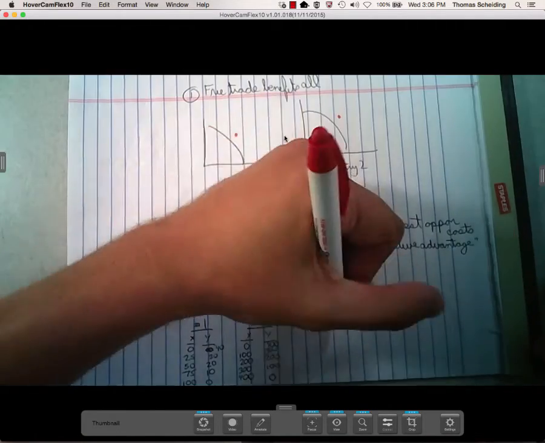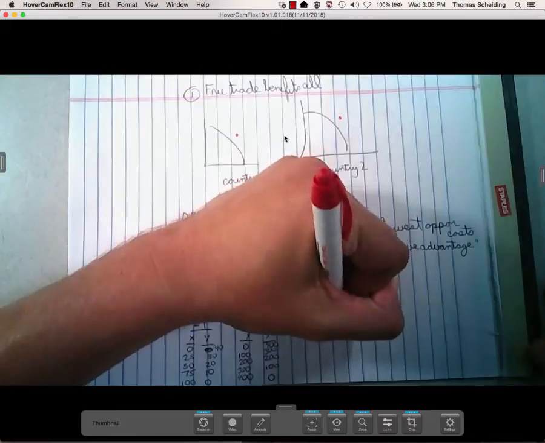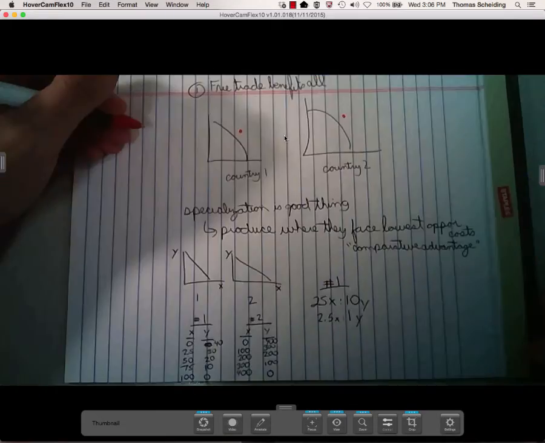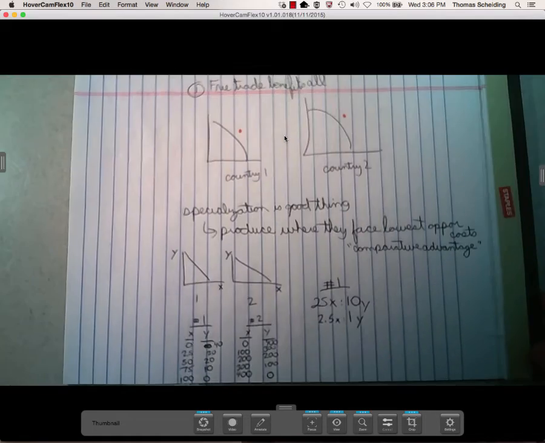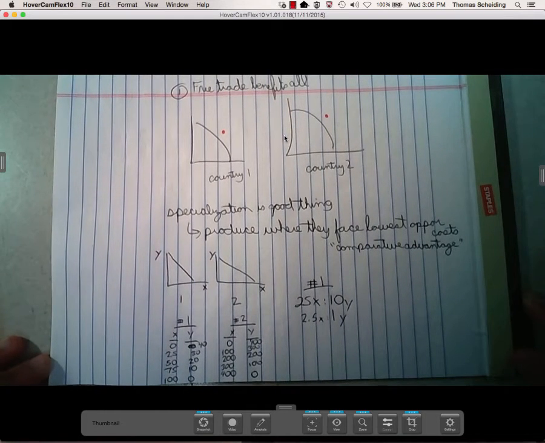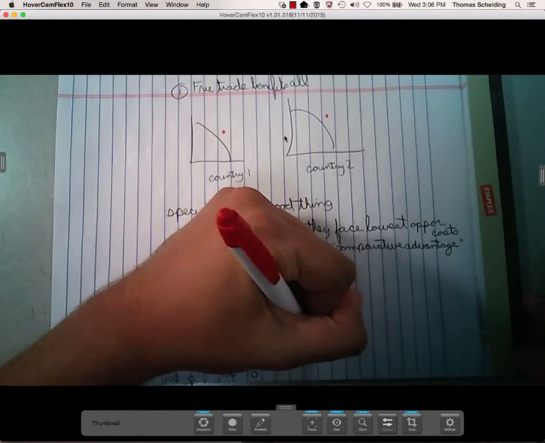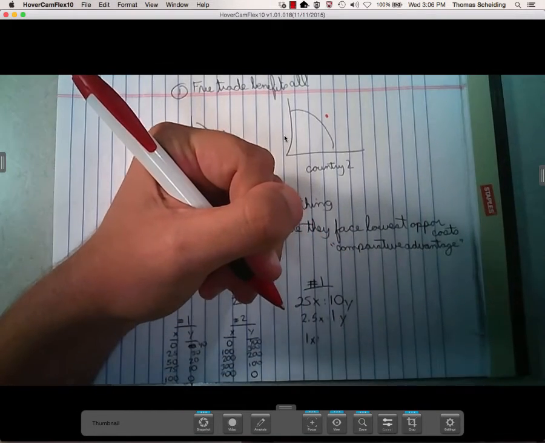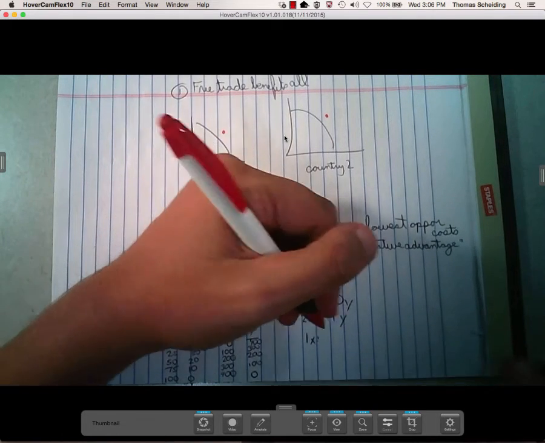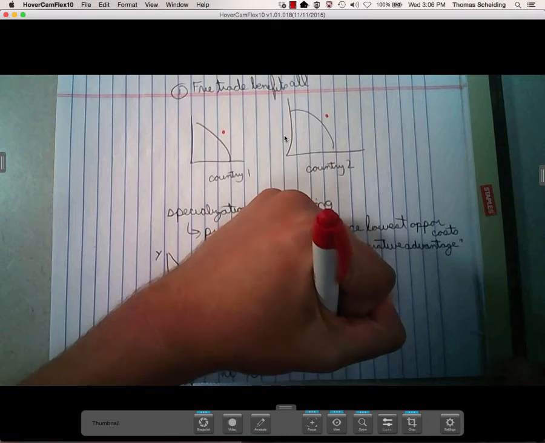Which I can reduce down to 2.5x to 1y. Or, seen the other way, 1x divided by 0.4y.